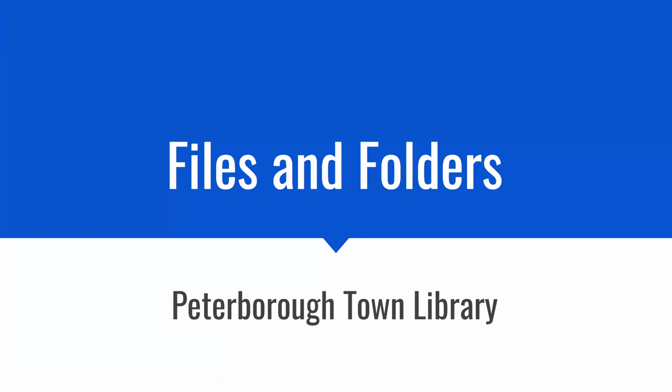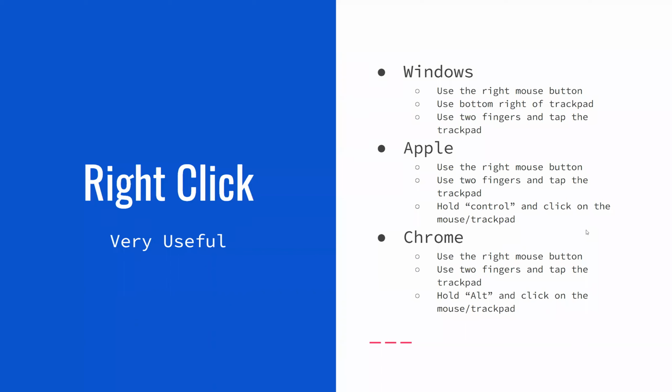All right, the main difference between these systems is how to right-click. In general, if you're wanting to do something or feel like you should have more options, try right-clicking on something. The right-click options are listed on the screen now. With Windows, you can generally, as the name suggests, use the right mouse button.